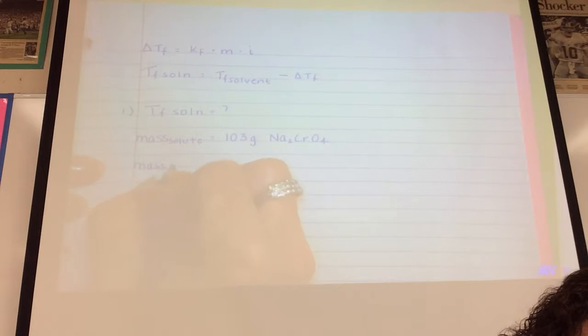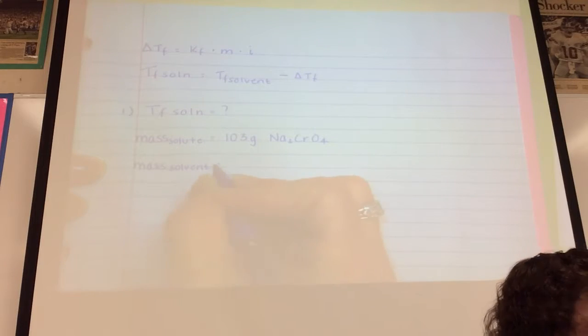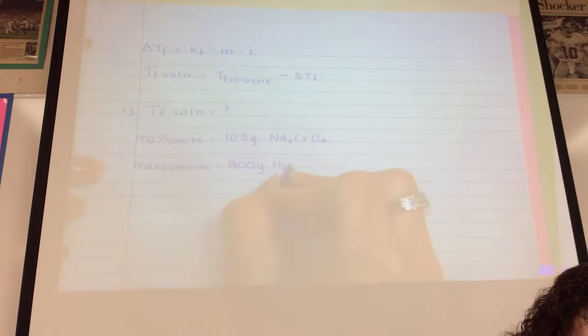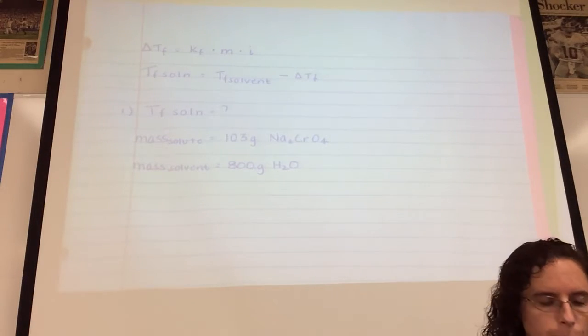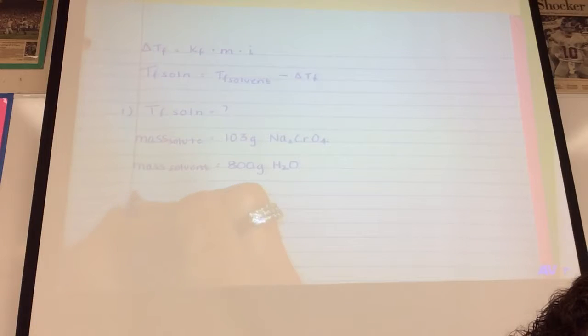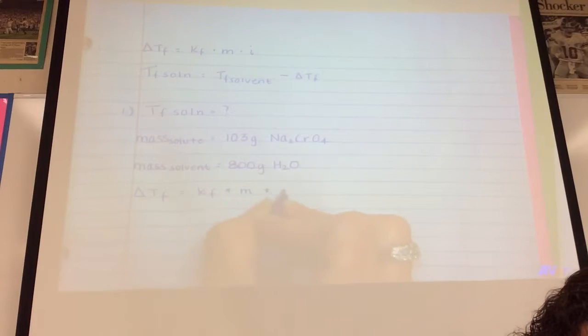The mass of the solvent is 800 grams of water. First formula is that the change in freezing point is equal to Kf times m times i.